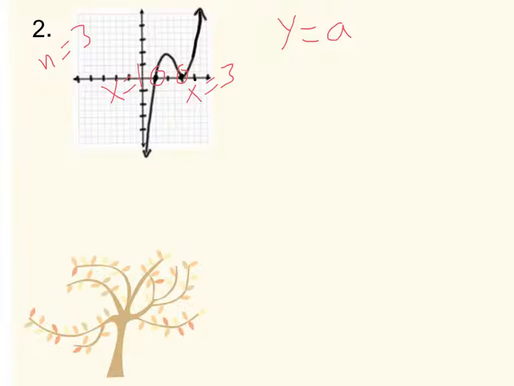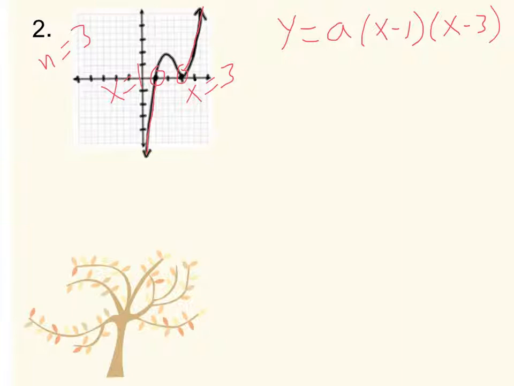I notice here the left tail goes down and the right tail goes up. That tells me that a is positive, so I'm going to factor that in as well. I should be expecting a positive value for a. Oh, it's got a 0 at 1, which means it's got a factor of x minus 1. It's got a 0 at 3, which means it's got a factor of x minus 3.